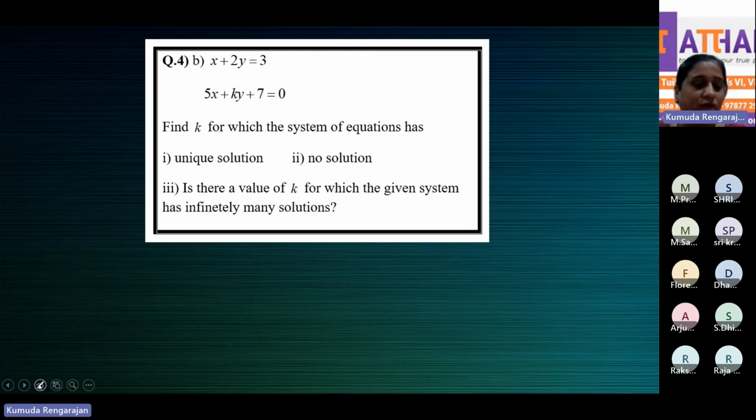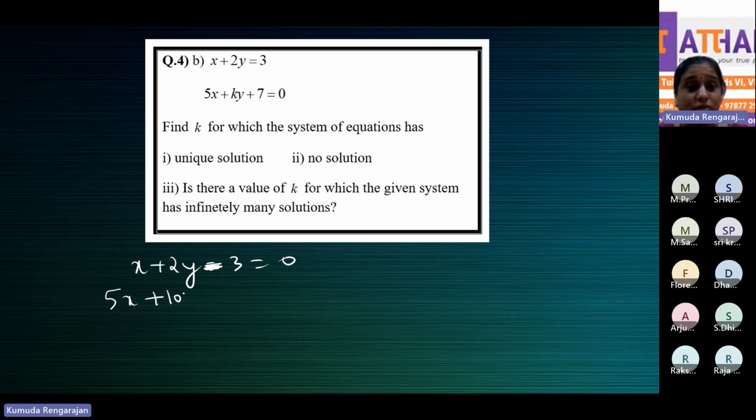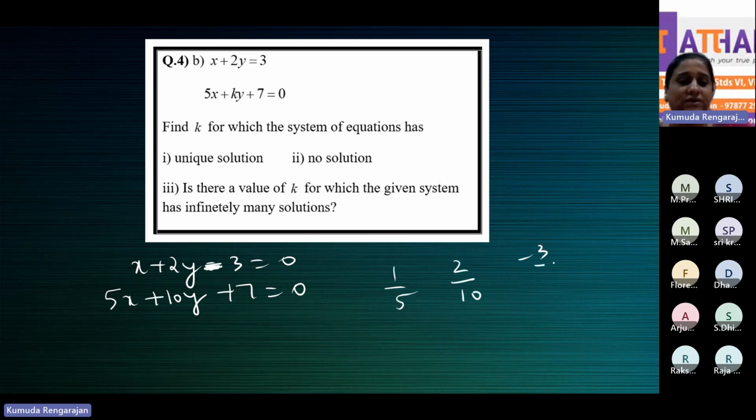Now see, this is x plus 2y minus 3 is equal to 0, and 5x plus 10y plus 7 is equal to 0. What if k is 10? Then 1 by 5, 2 by 10, minus 3 by 7. So this reduces to 1 by 5. A1 by A2 is equal to B1 by B2 is not equal to C1 by C2.